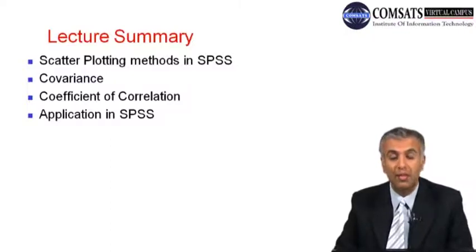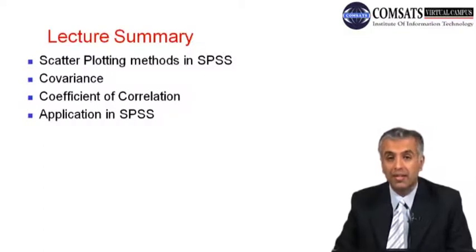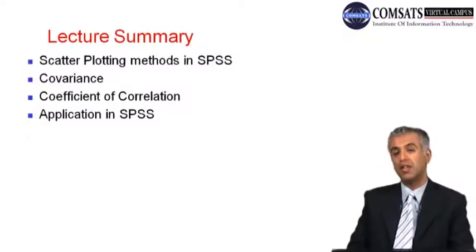Because of the discrepancies of covariance, we introduced the coefficient of correlation, which was the standardized form of covariance and made it easier for us to assess the intensity of relationship between two variables.